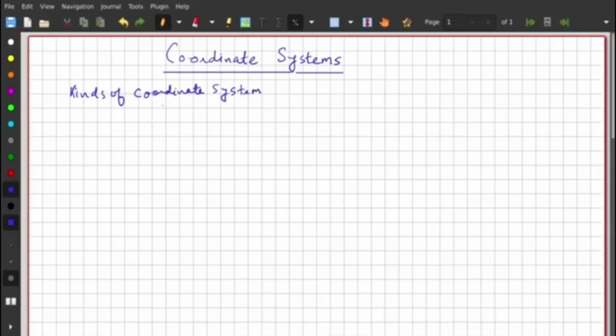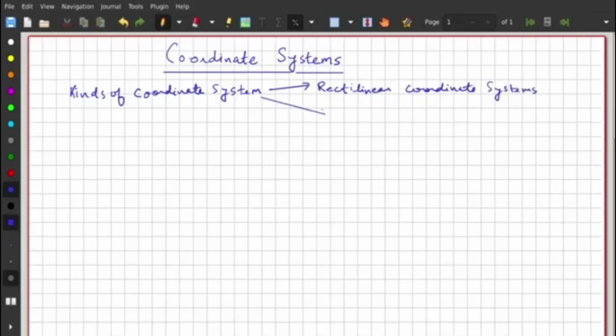The two generic ways of characterizing them: we call one class of coordinate systems rectilinear coordinate systems, and the other one, the generalization, is the curvilinear coordinate systems.